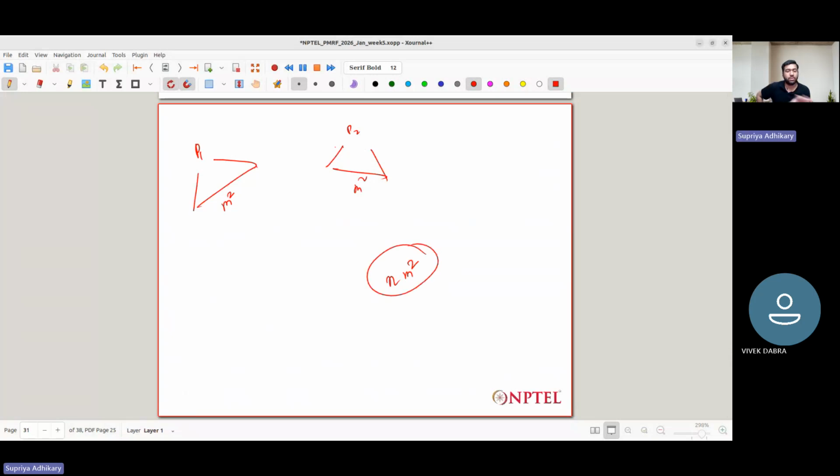And now if they want to start communicating the shares among themselves, that should be n m square times this, no, not n m square times this, rather that would be, okay, not n m square, sorry.